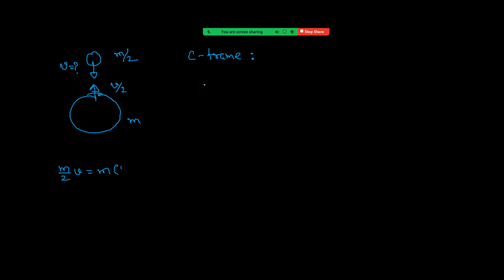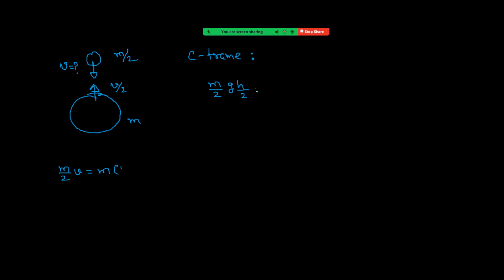Therefore, loss in gravitational potential energy. Initially, separation was h. Now separation is h by 2. So loss in potential energy is m by 2 g h by 2, because the condition here is height is very small compared to the radius of the Earth, so taking g constant. Mass m by 2, g, from h to h by 2. So m by 2 g h by 2 is the loss in gravitational potential energy.